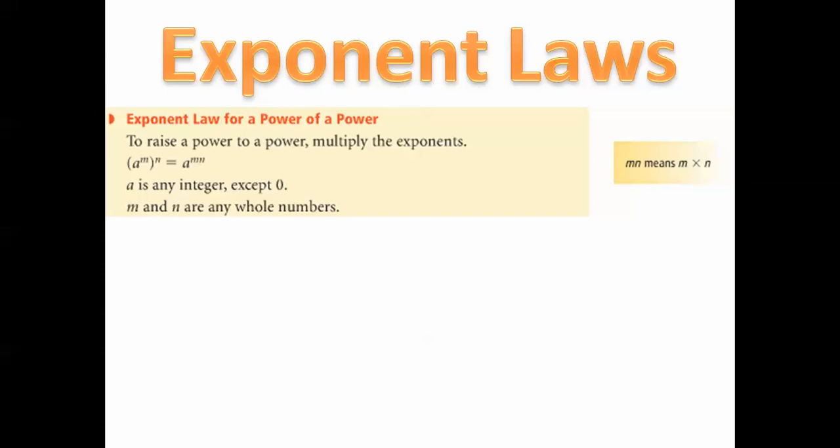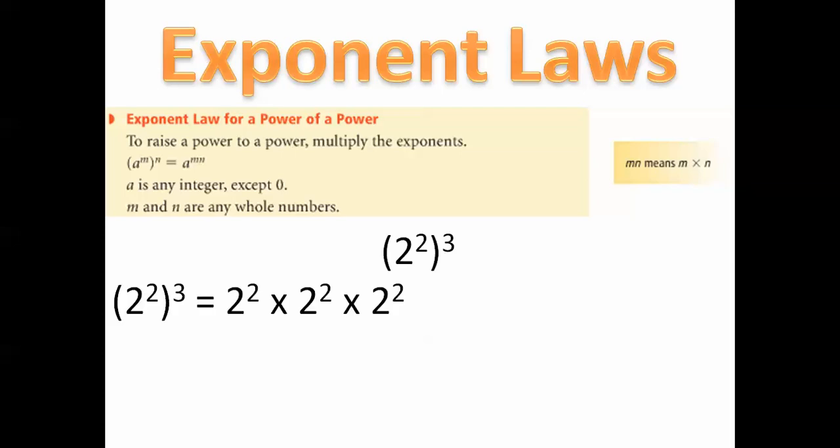So let's look at a quick example here. 2 to the power of 2, all to the power of 3. This equals, if we expand, 2 to the power of 2, multiplied by 2 to the power of 2, multiplied by 2 to the power of 2.